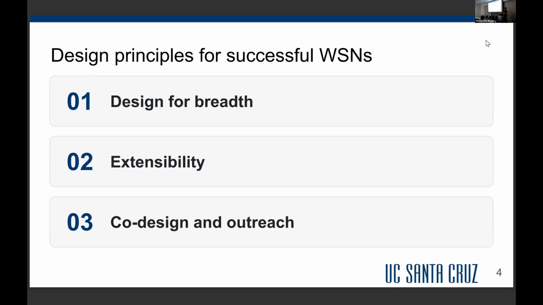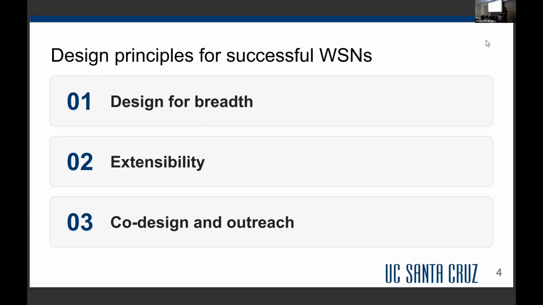Second is extensibility, and specifically extensibility over modularity. We define modularity as a fixed set of interchangeable parts, but extensibility allows you to add on to existing platforms over time so that they can grow to support a community's needs.